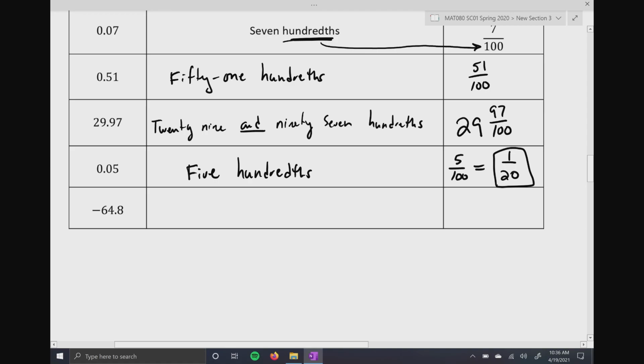And then the last one, I tried to trip you up a little bit by putting a negative, but that's okay. We just write the word negative 64 and 8/10 as a fraction. It's going to be negative 64 and 8/10.